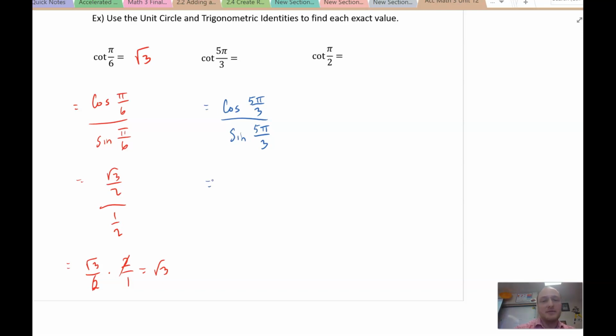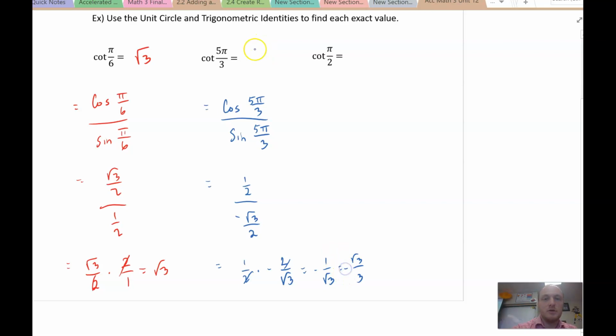Cosine's positive. So that would be positive 1/2 divided by negative root 3 over 2, which is 1/2 times negative 2 over root 3. 2's cancel, and we get 1 over root 3, which is root 3 over 3, and it's negative.